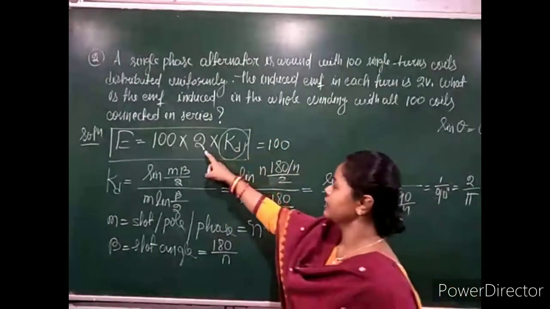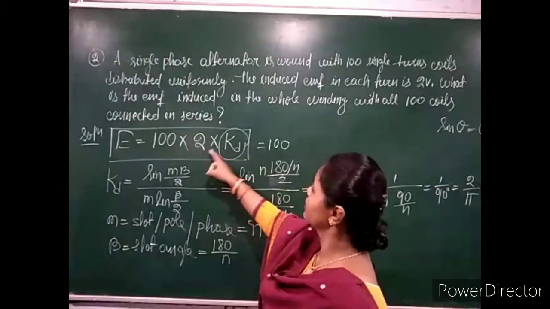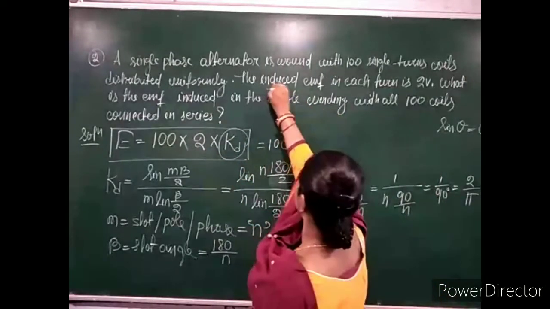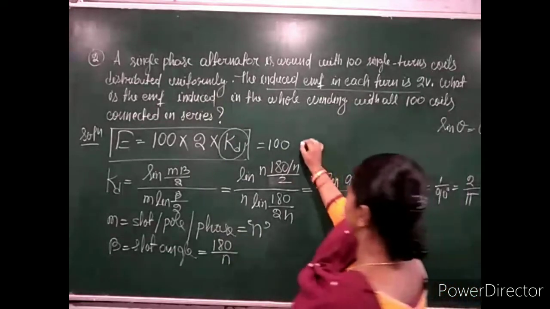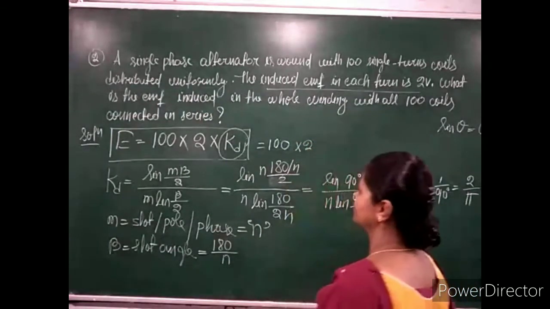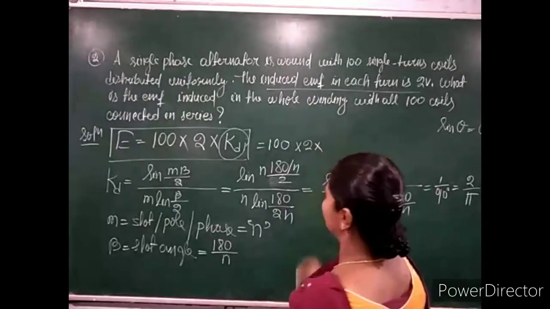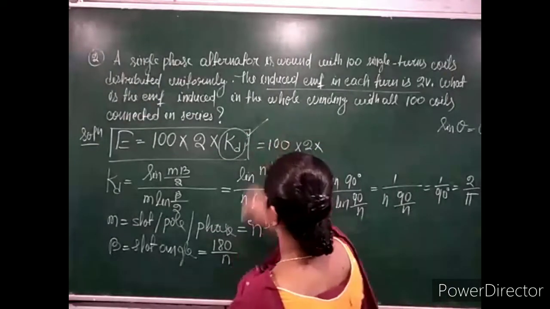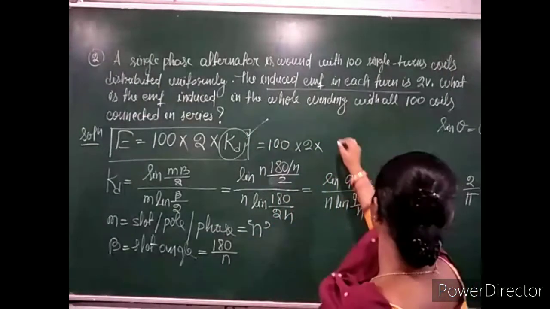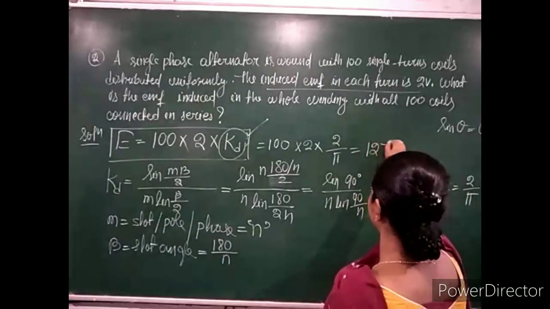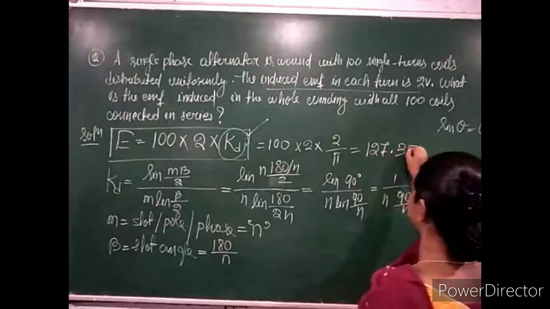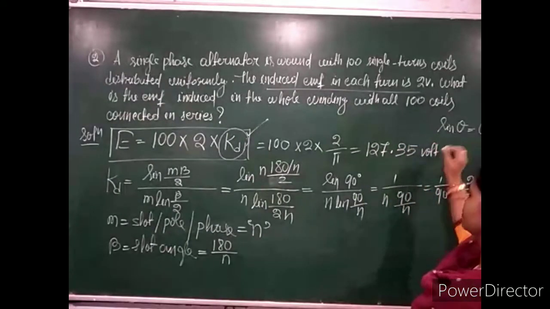As the induced EMF each turn is 2 volt and total number of turns is 100, you directly put the value, using 2 by pi. It gives the result 127.35 volt.